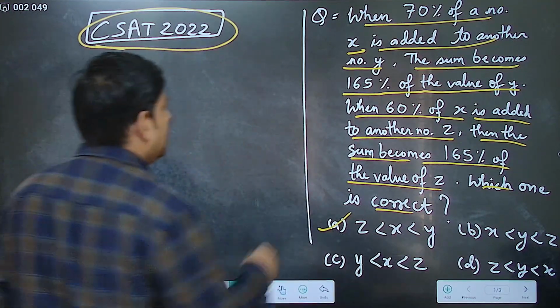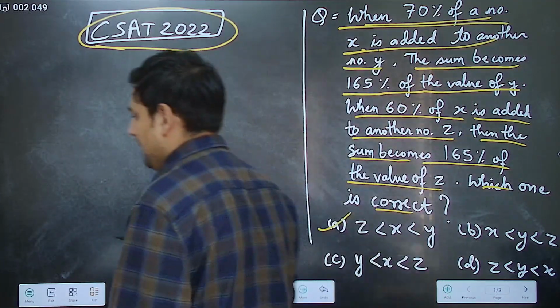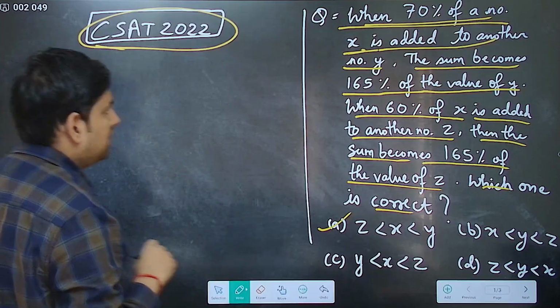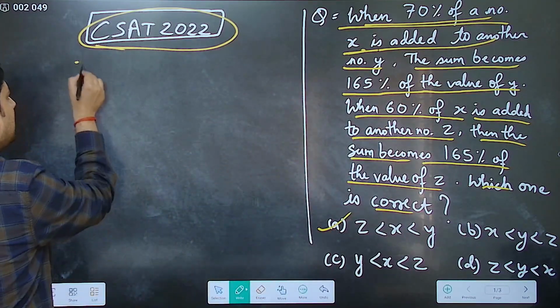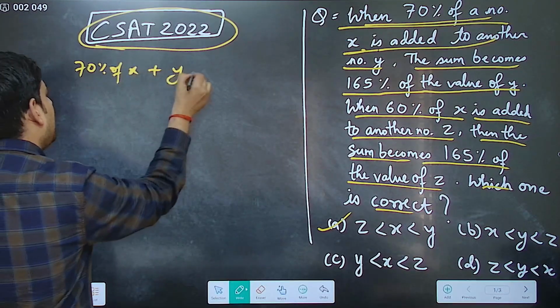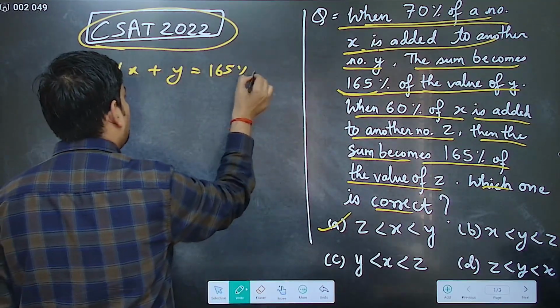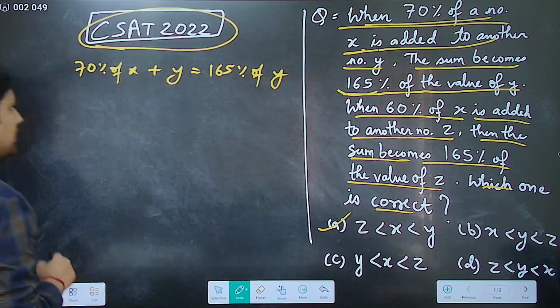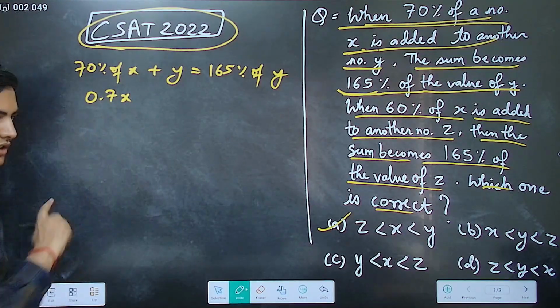So let's start. It says when 70% of a number x is added to another number y, it becomes 165% of y. Okay, let's write this. 70% of x is what? 0.7x. This you have just learned.